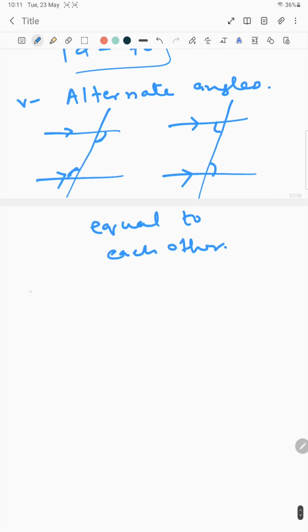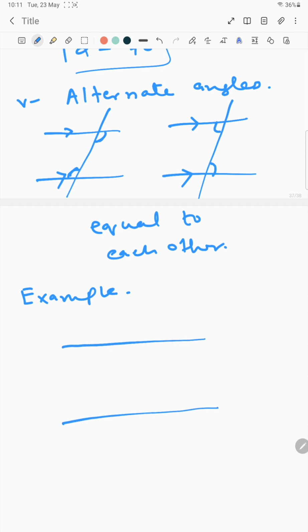Let's take an example. For example, you have two parallel lines. These are parallel lines. There is a transversal. The angle making over here is 3x plus 34, and this angle is 5x minus 14.